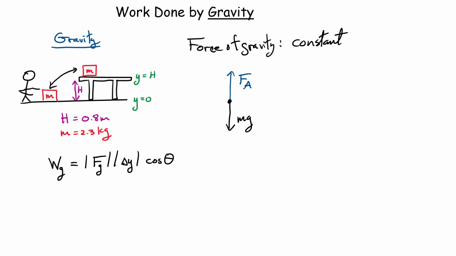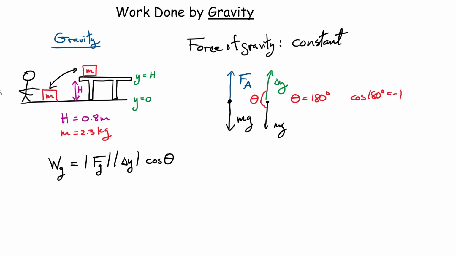Now think about the displacement delta y in this case. Delta y has to be like this. And if my force of gravity is acting down, that's mg, guess what? The angle between both of those, this angle theta here, is going to be 180 degrees. Cos of 180 degrees is equal to -1.